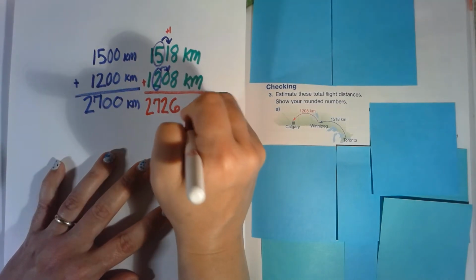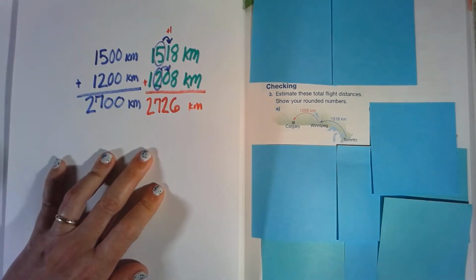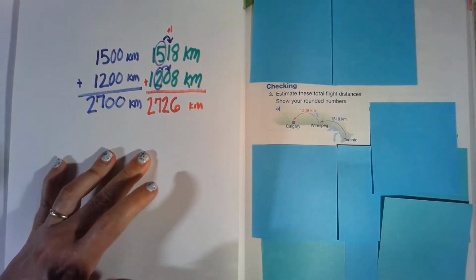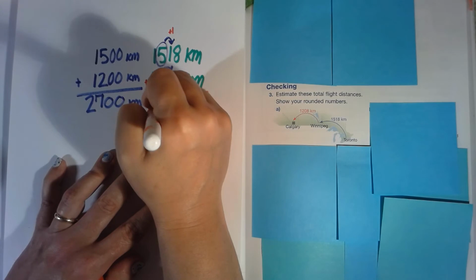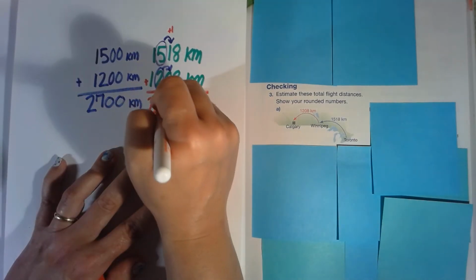And now I can estimate 2,726 kilometers. I'm going to look in my hundreds column. It is a 7. I look to the right.